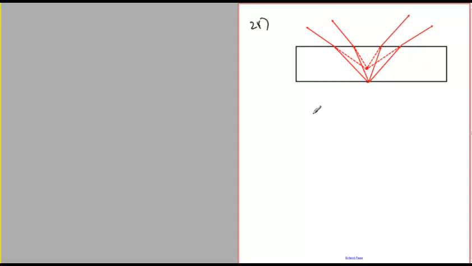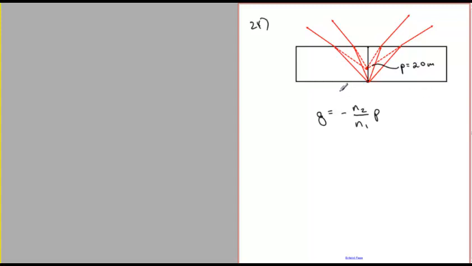So the equations, if you go to page 770, it says for that situation that the image is located at negative N2 over N1 times P. P is the distance of the object. The object is the bottom of the pool in this case. So P is equal to 2 meters.